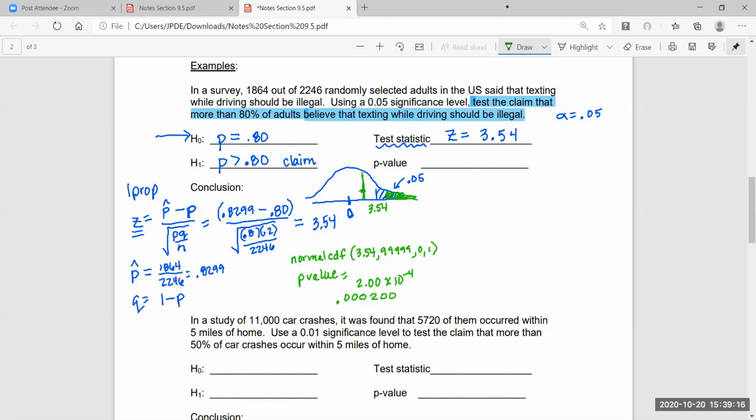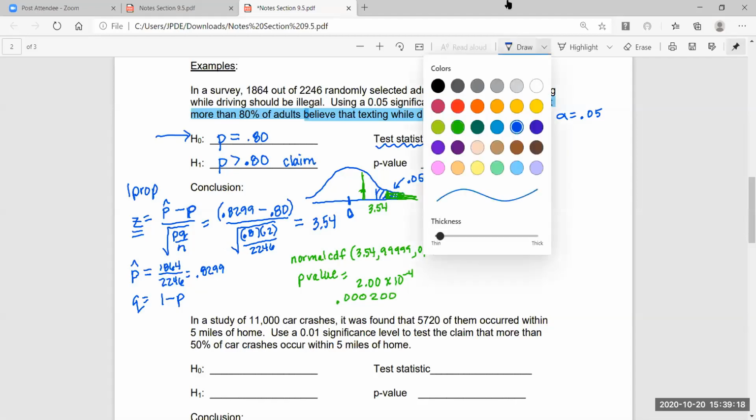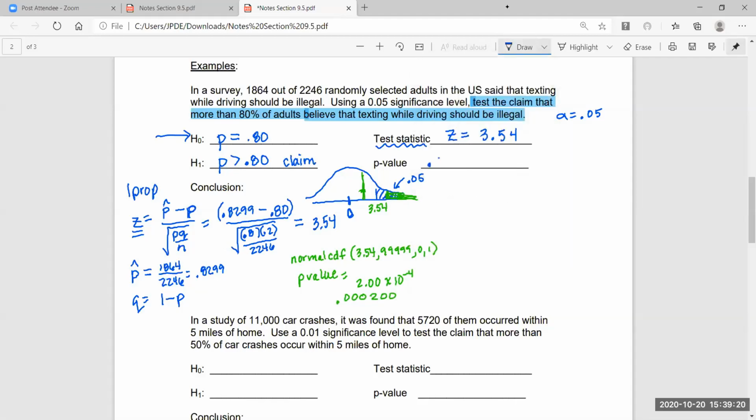So that's our p-value. And again, it's fine if you list it times 10 to the -4th. A lot of times people see it better if they write it in standard form. Just don't include the E. Okay. So this area is really tiny.